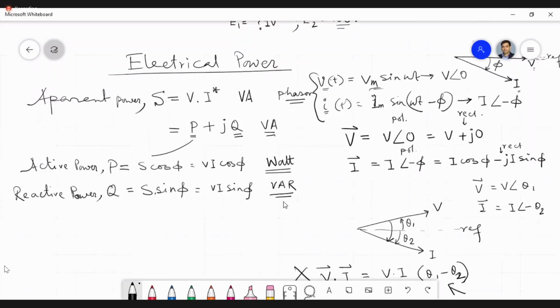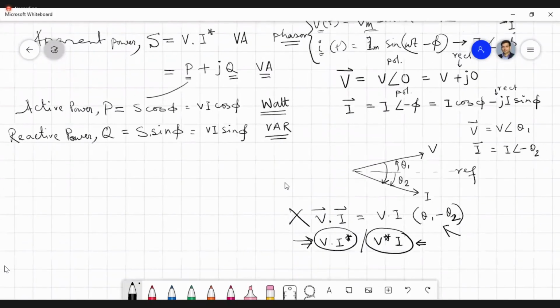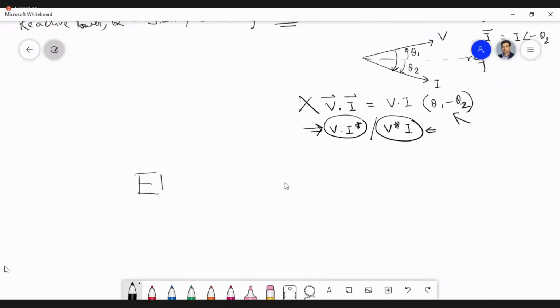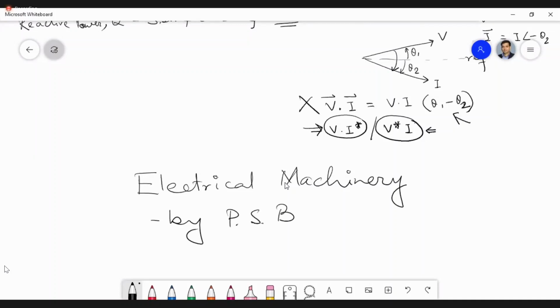Yes. This is the book by P.S. Bimbhra, Electrical Machinery, Khanna Publishers.